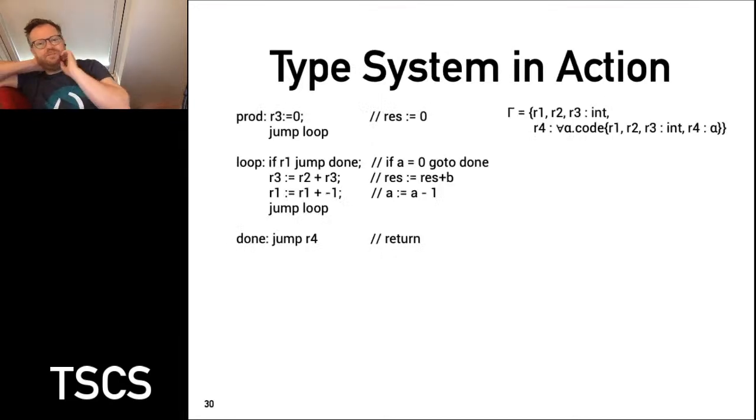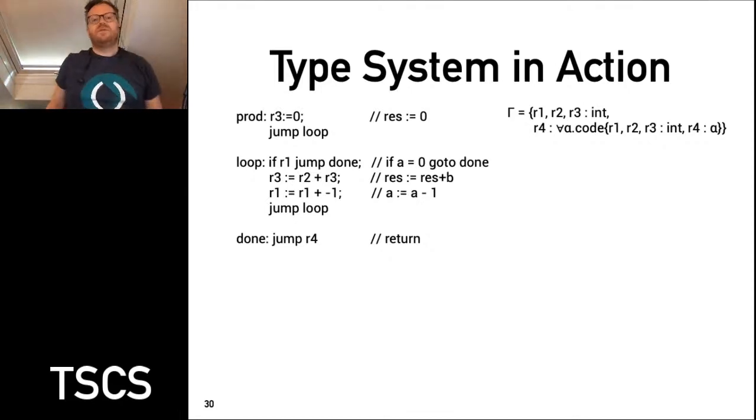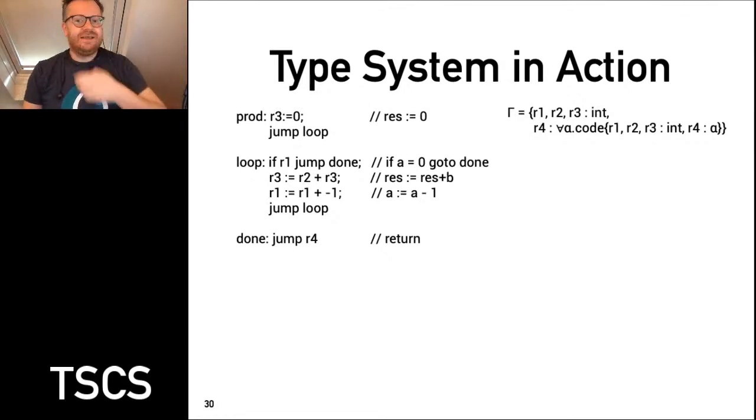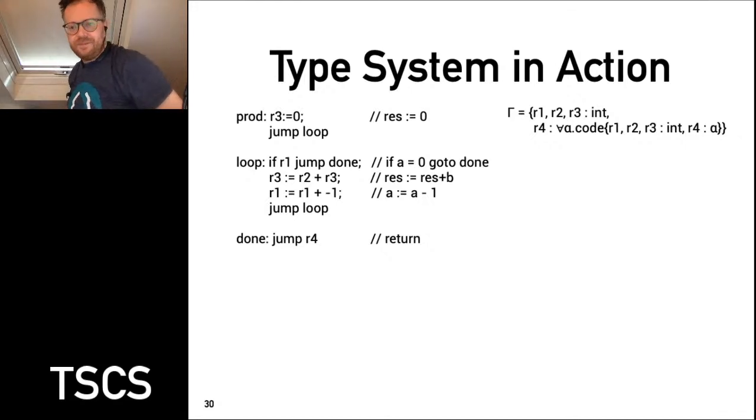How does this work in action? Let's have a look. It's always good to see this in action. So let's go with the first block, and you see that the assumption here in gamma is that R1, R2, and R3 are integers, and R4 is a universally quantified code, that is for all alpha, and then this is a code typing, which means that R1, R2, and R3 are of type integer, and R4 is an alpha.